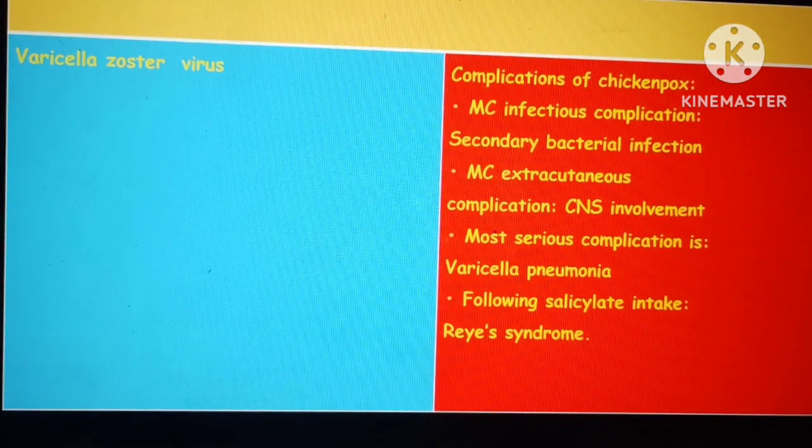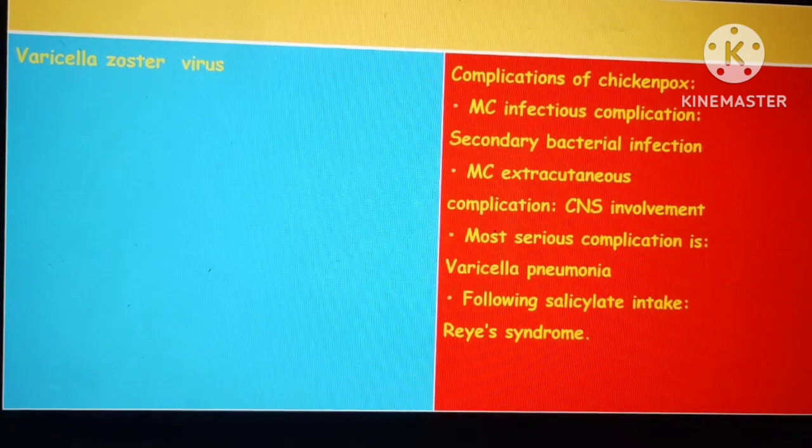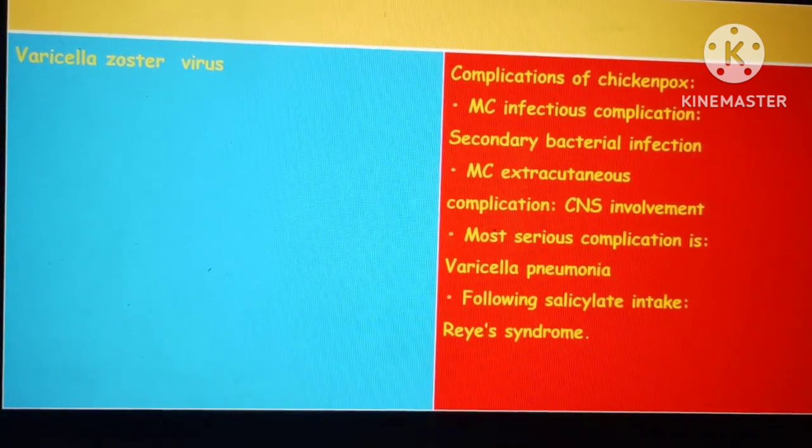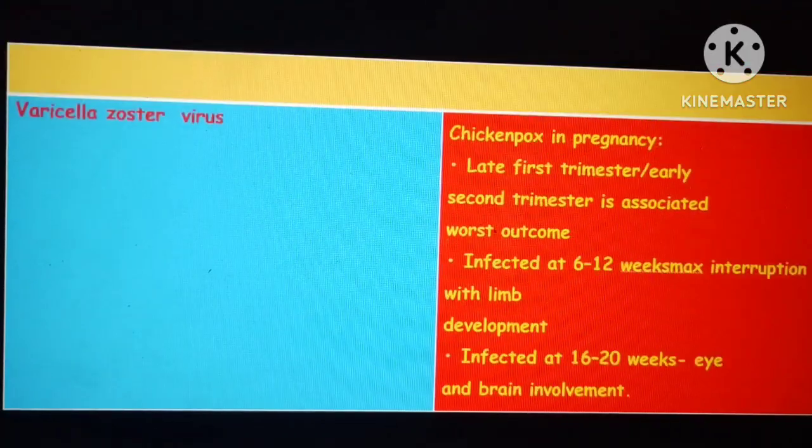The most common infectious complication is secondary bacterial infection, whereas extracutaneous it is CNS involvement. Serious complications are varicella pneumonia and Reye syndrome, which is due to hepatic degeneration, usually following salicylate intake.